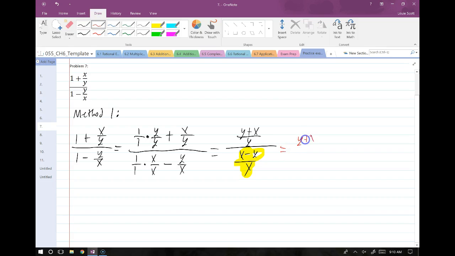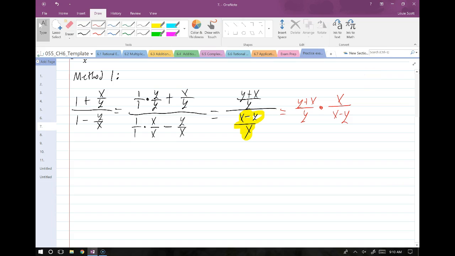I have y plus x over y, and that's multiplied by x over x minus y. Okay. And that's it, right? There's nothing else that I can simplify here. I just have x times y plus x, and then I have y times x minus y.